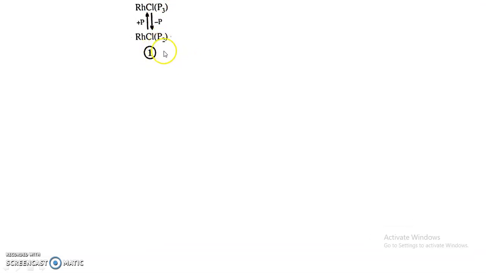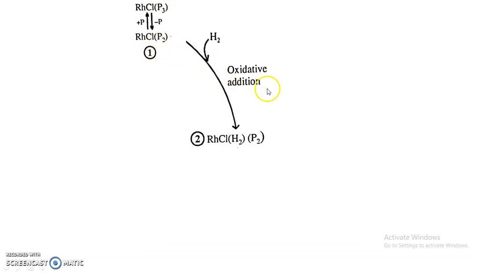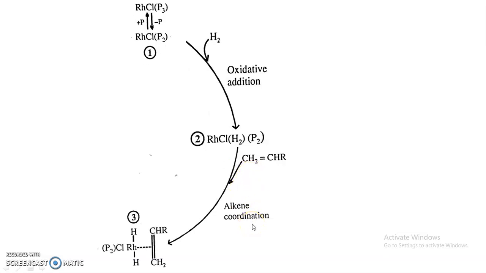This tricoordinate complex of rhodium, by oxidative addition of hydrogen, gets converted into this species where there is an addition of 2 hydrides to the rhodium, and we get a 5 coordinate complex, which on coordination with alkene forms a 6 coordinated complex where rhodium is attached to both the carbon atoms because it is a bidentate ligand. Alkene is a bidentate ligand. This is the 6 coordinate complex.